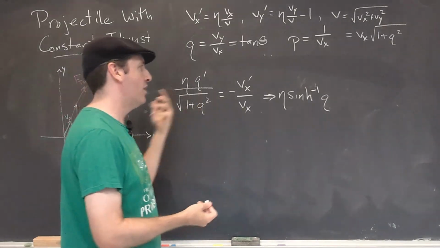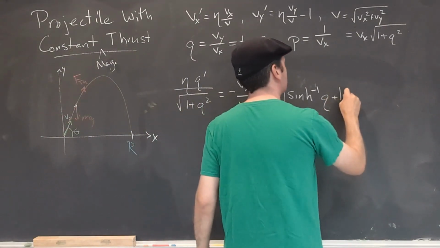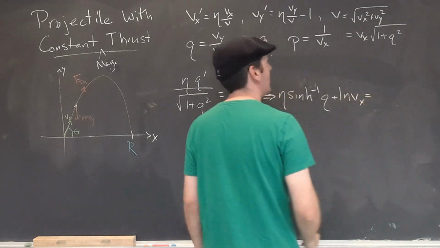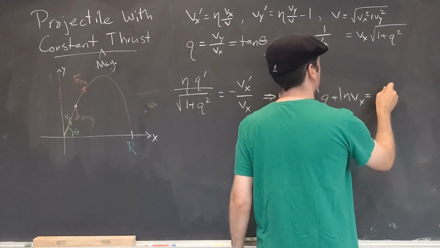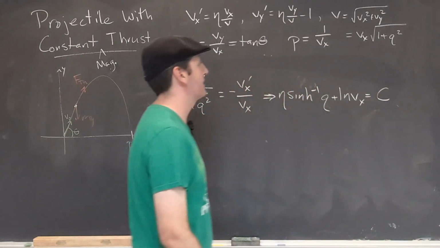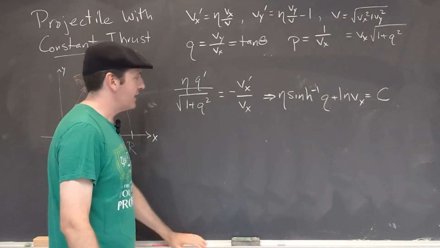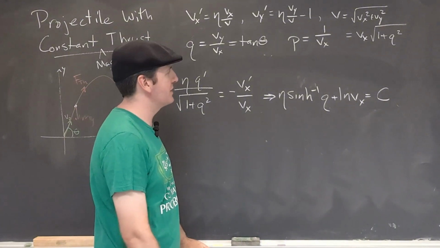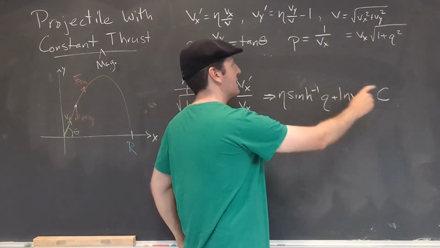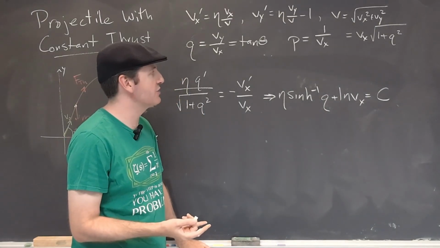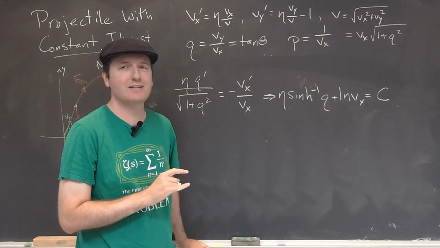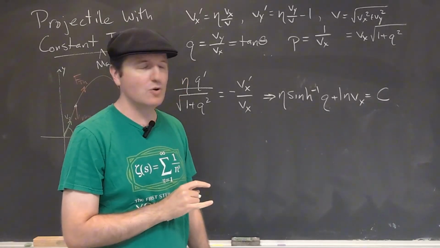With a negative sign. I'll move that over as well. And we're left with the fact that this is just equal to some constant, C, something like that. So that's kind of interesting. It tells us that this quantity right here is a constant at all times. We've found a constant of motion in this very not constant type problem.